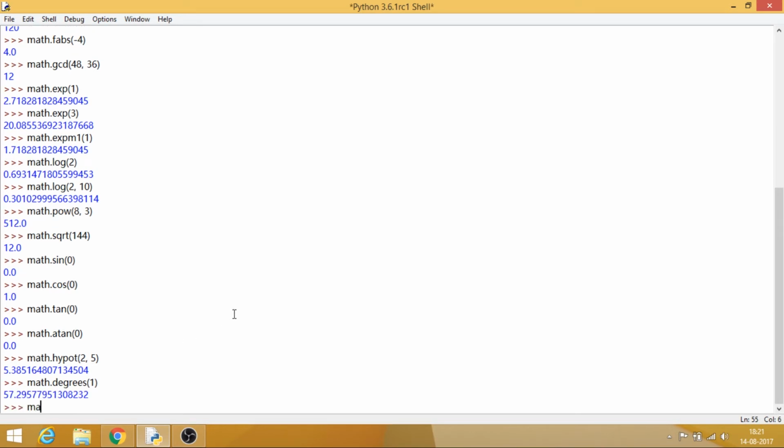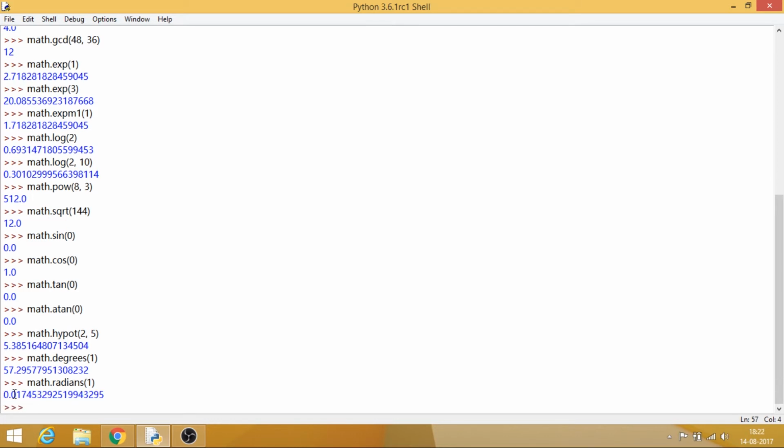In the same way we have math.radians, which will convert degrees into radians, and one degree is equal to 0.01745 and so on.